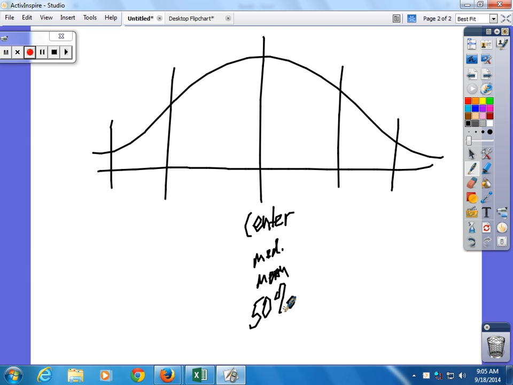And we read which way? Left to right. So with this being empty and this being full, what is this?